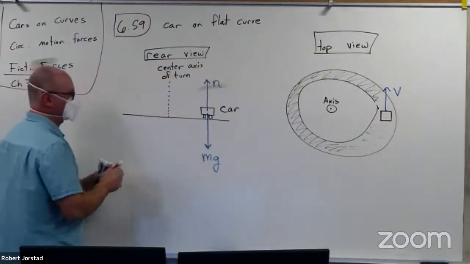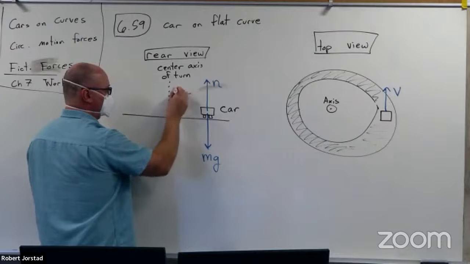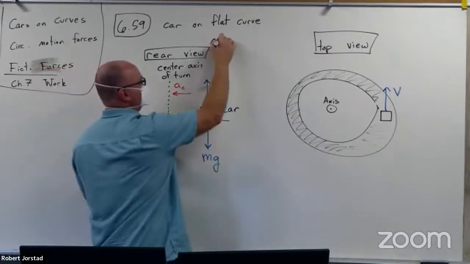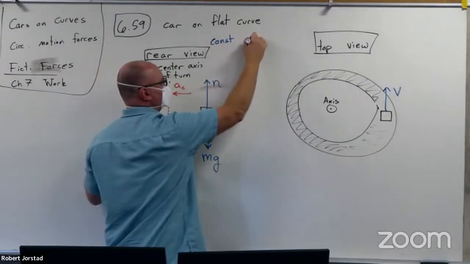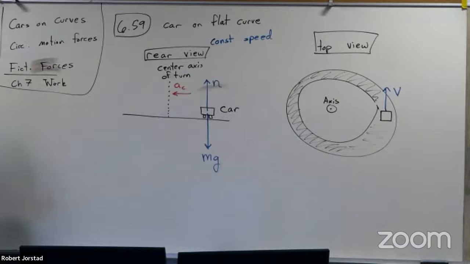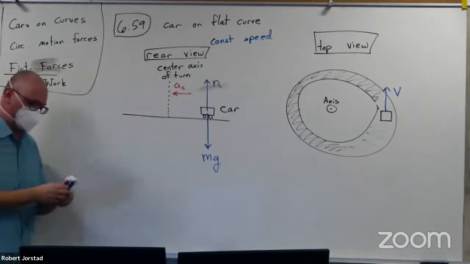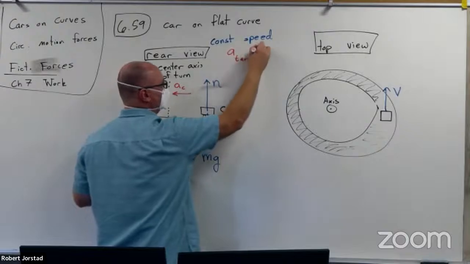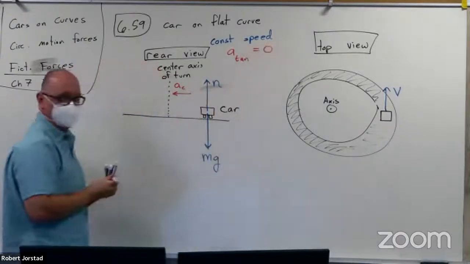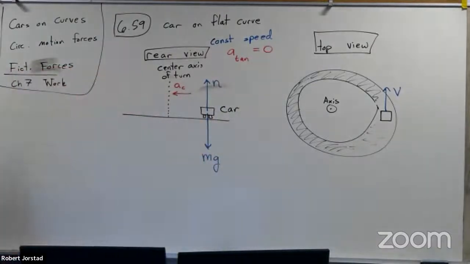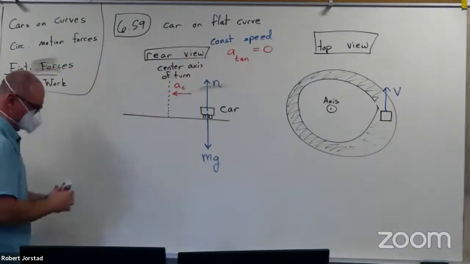Towards the center. If we have constant speed, we can't say that a_c is equal to 0, but we can say which component is 0? The tangential. Excellent. So constant speed does tell us this component of acceleration is 0, but it doesn't say acceleration total is 0. Nice job.